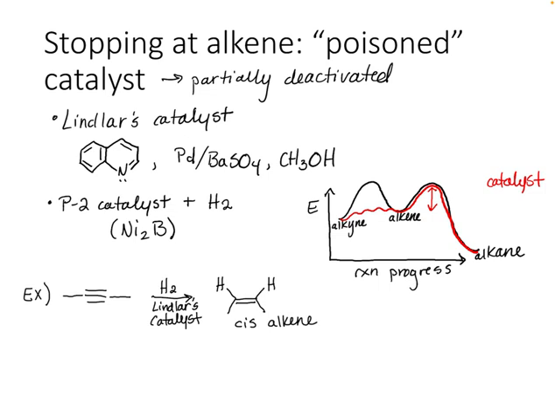But what if we want to get the trans alkene? So what if we want the hydrogens to add opposite to each other? Well, then we're going to perform something called dissolving metal reduction.